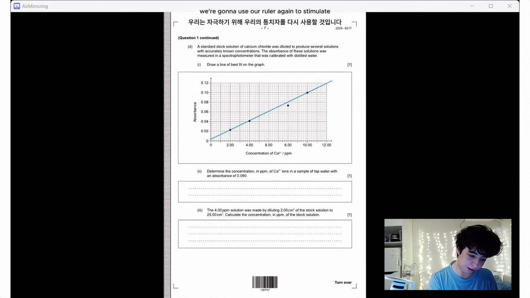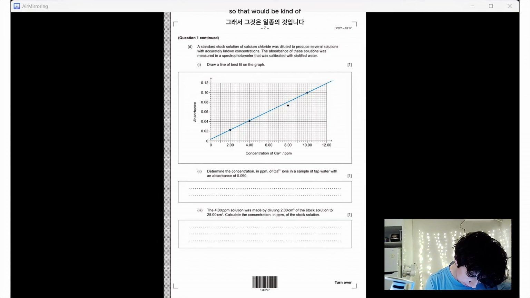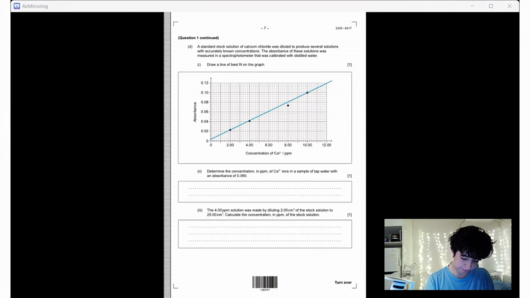We're going to use our ruler again to simulate being on the actual exam. I need to move it. I just want to move it.